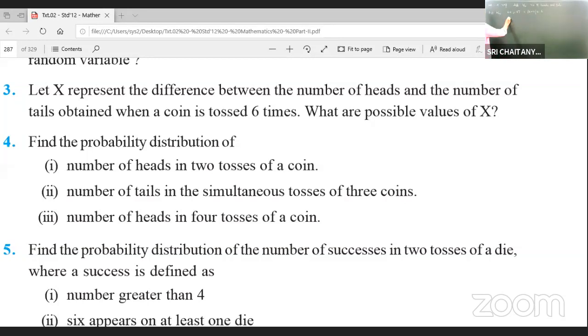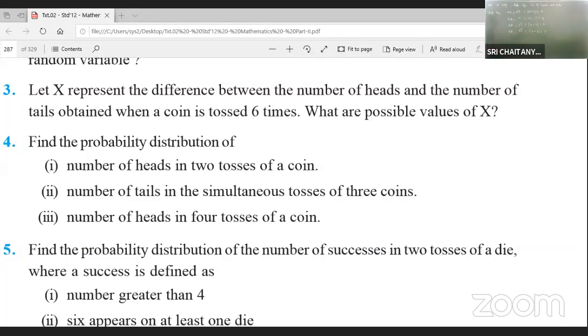And here, 5 heads you can get and 1 tail. The difference between them is equal to 4. You can get 4 heads and 2 tails. The difference between them is equal to 2. And 3 heads and 3 tails. The difference between them is equal to 0.